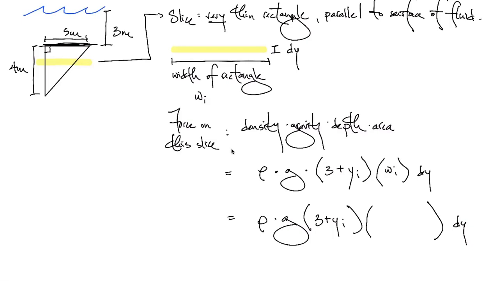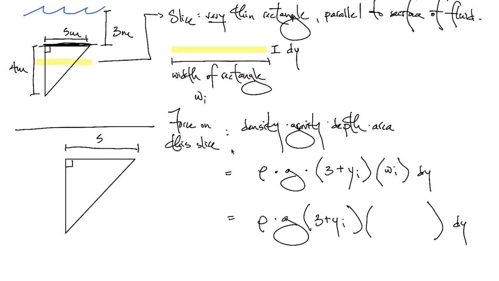But I'm going to take my triangle and redraw it here with some of the labels that we've seen. Okay. So I know that at the top of this triangle, it is 5 meters. And I know that the whole triangle has a height of 4 meters.